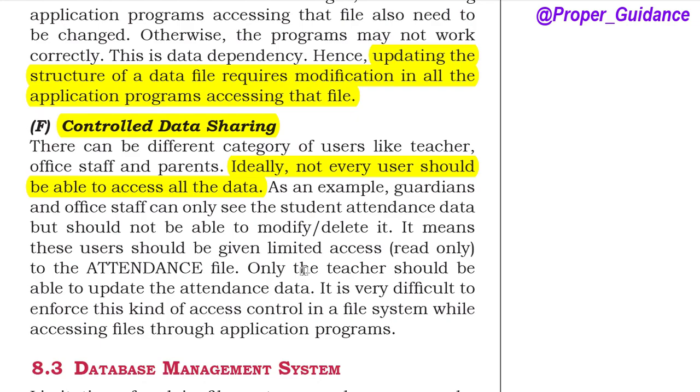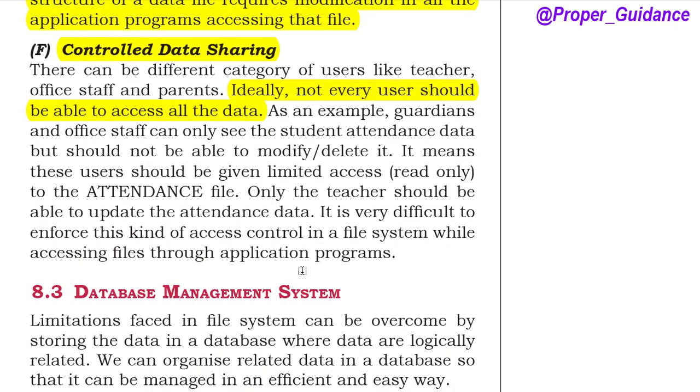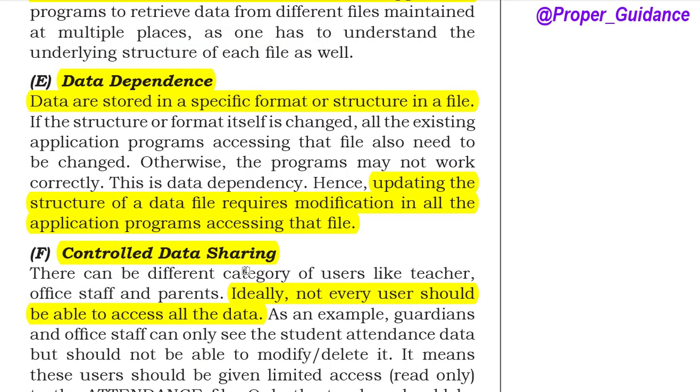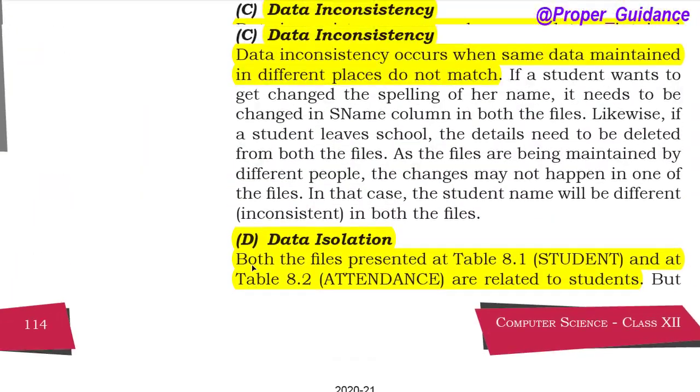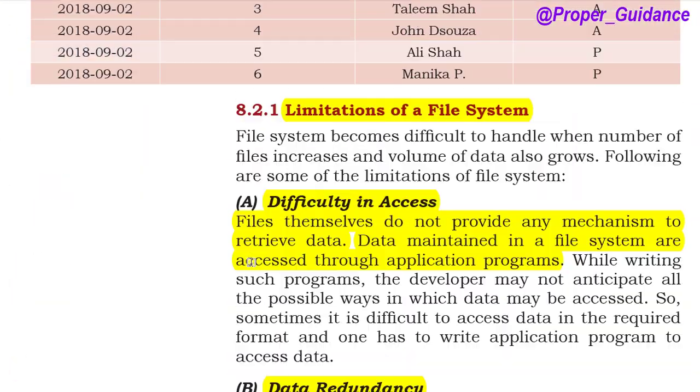It means these users should be given limited, read-only access to the attendance file. Only the teacher should be able to update the attendance data. It is very difficult to enforce this kind of access control in a file system while accessing files through application programs. So, these are the limitations of a file system.